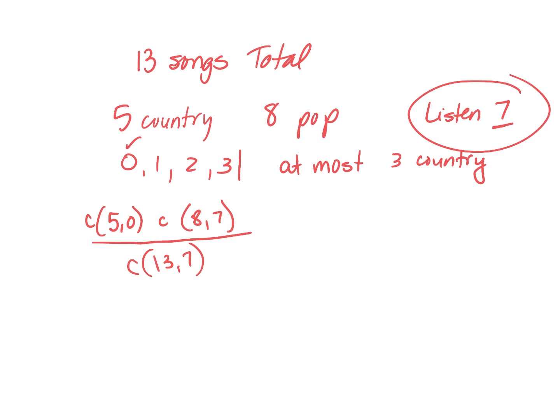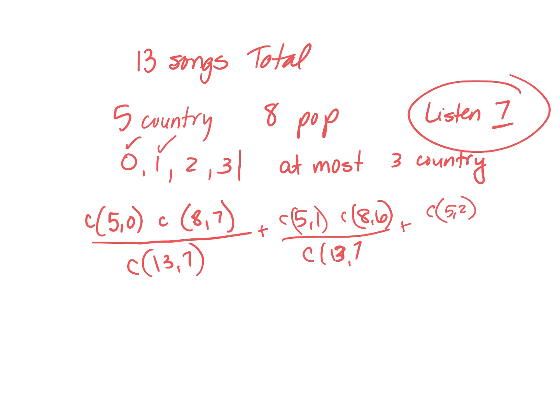All right. So now, remember, "or" means add. If we have 5, 1, we're going to have 8, 6 over C 13, 7. And then that's the 1. With the 2, we've got 5, 2, 8, 5, right?